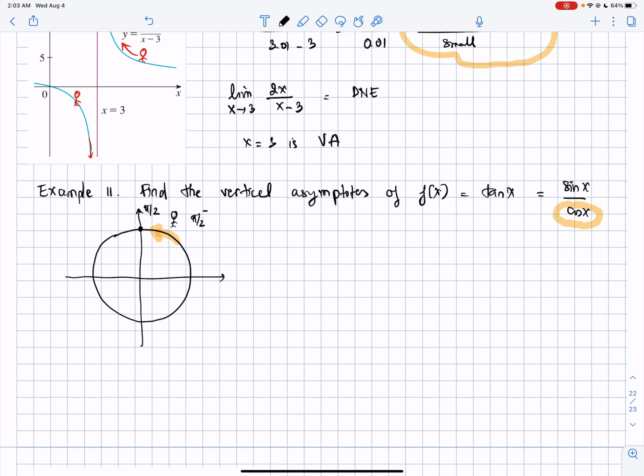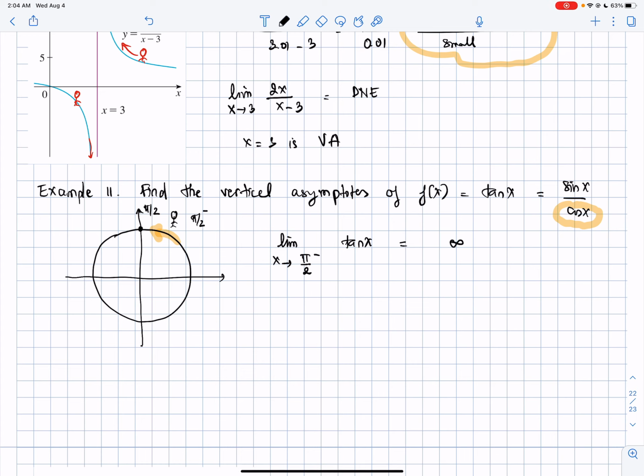And because we are in the first quadrant, we can say that the limit when x approaches pi over 2 minus, this means on the left side, and on the left side means in the first quadrant, of the function tangent of x, or sine of x over cosine of x, will approach infinity.